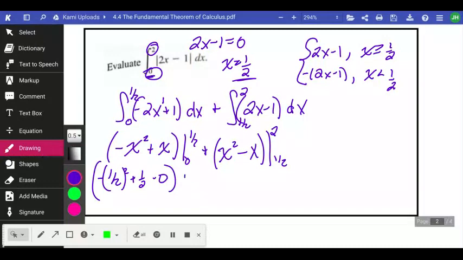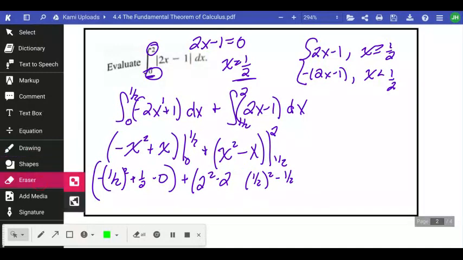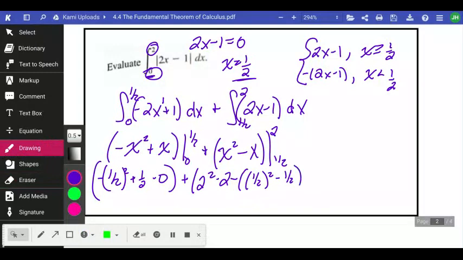And then the other one is going to be 2 squared minus 2 plus, I'm going to use an extra set of parentheses, 1/2 squared minus 1/2, not plus, it should be a minus. All right, so I'm going to simplify.